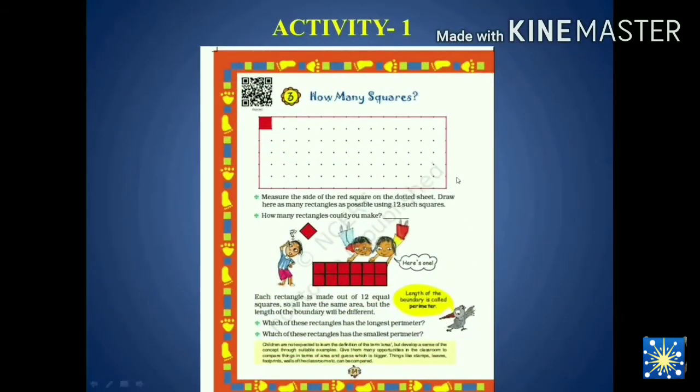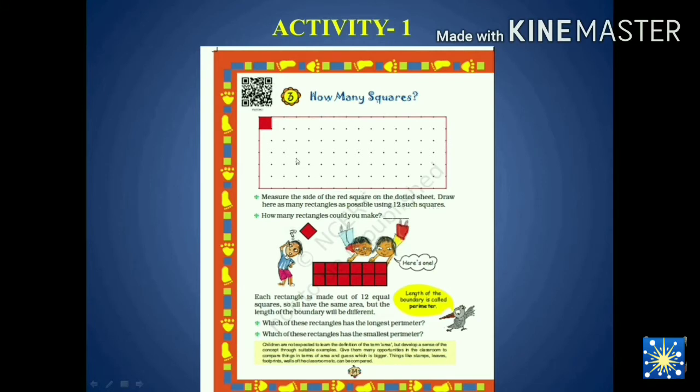So the chapter has a rectangle with so many dots. So this is also a dot grid. Now measure the side of the red square on the dotted sheet. Draw here as many rectangles as possible using 12 such squares.